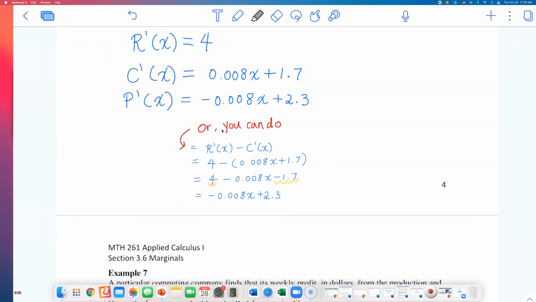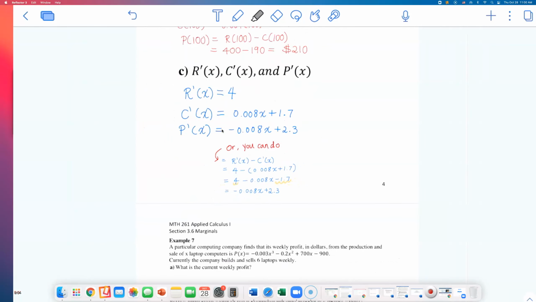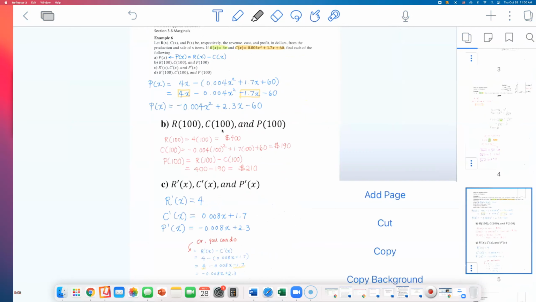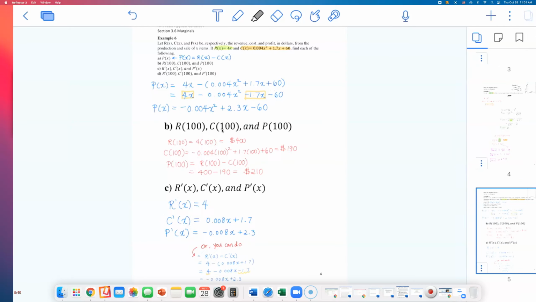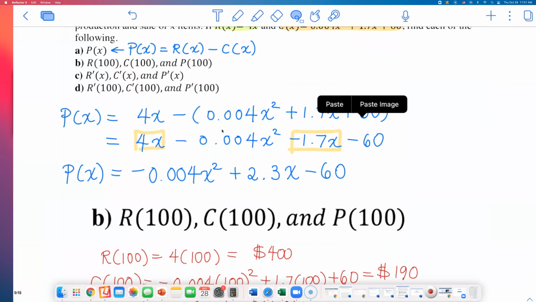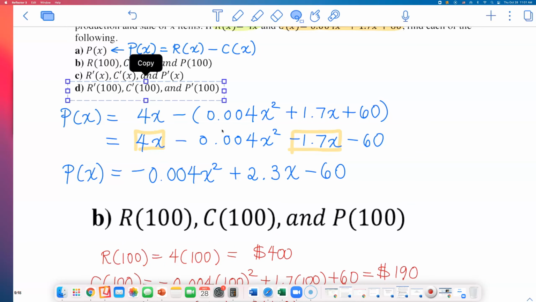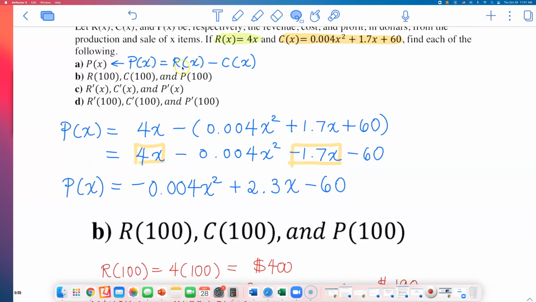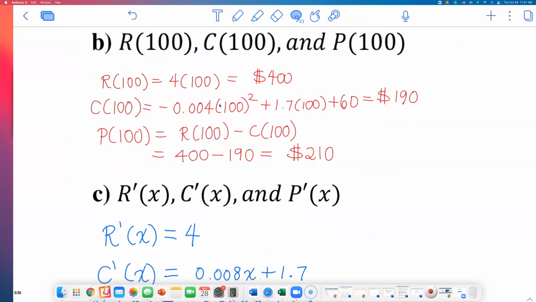Let's do the last part of this example. I'm going to need to add a page to this. All right, hold on. Part D is asking us to find the marginal revenue, the marginal cost, and marginal profit at the moment they produce and sell 100 items. It's easy.